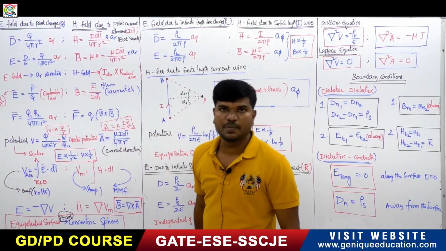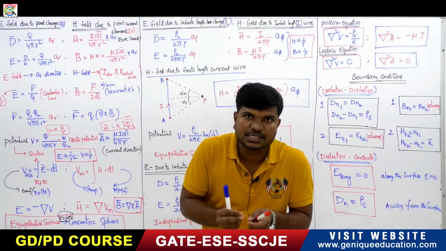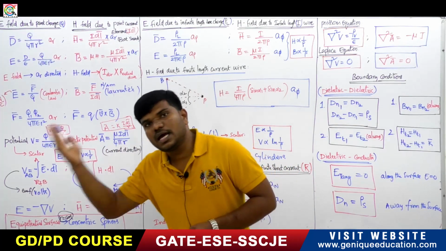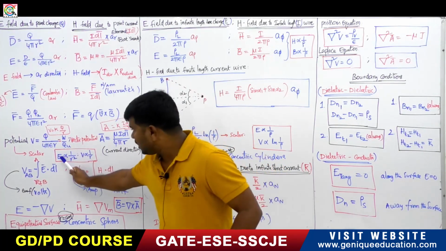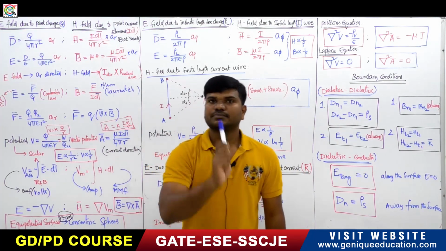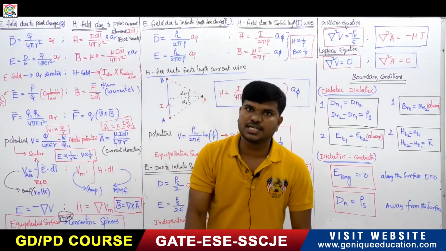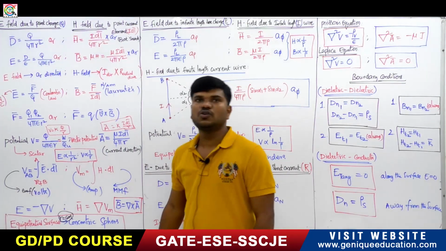This is the point you have to understand: the electric field varies as 1 by r square, but the electric potential varies as 1 by r. Electric field intensity is a vector quantity, electric potential is a scalar quantity. These are the points you have to understand.